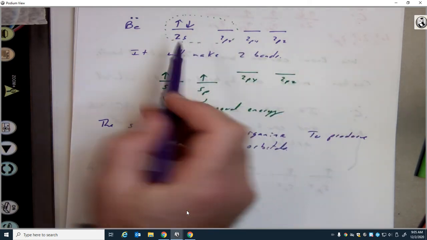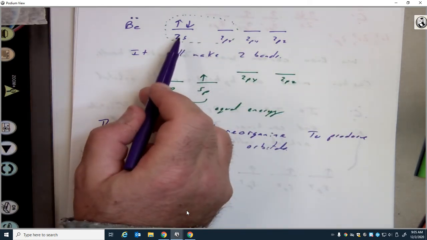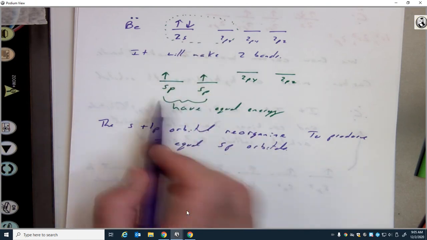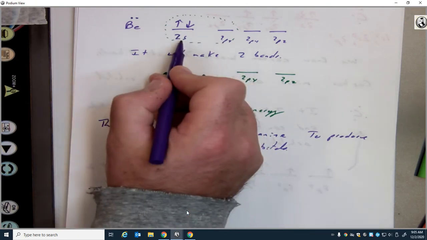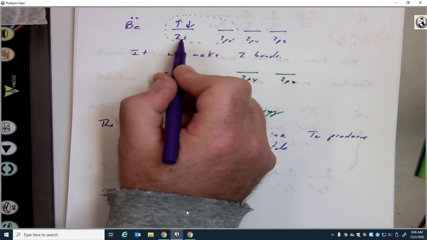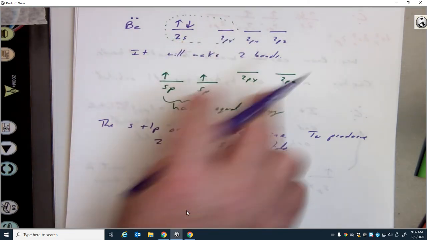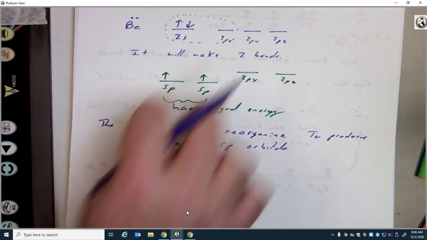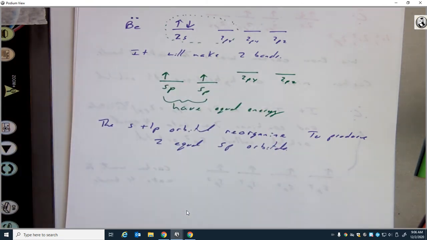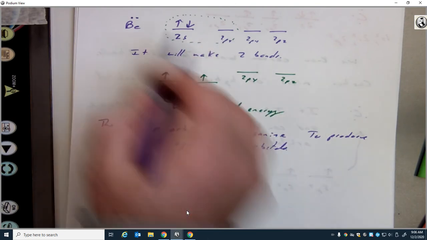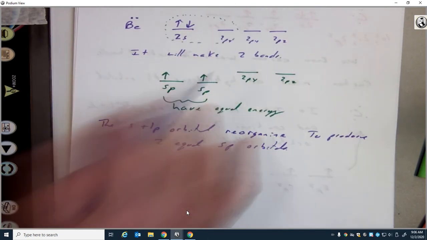Now look, however many orbitals you take, you get the same amount of hybrid orbitals. So I took one s orbital and one p orbital. That's two. If I have two to start with, I have two to end with. That's the rule. If I used 3, I would have 3 down here. If I used 4, I would have 4 down here.